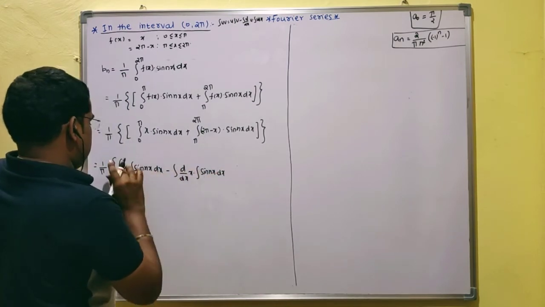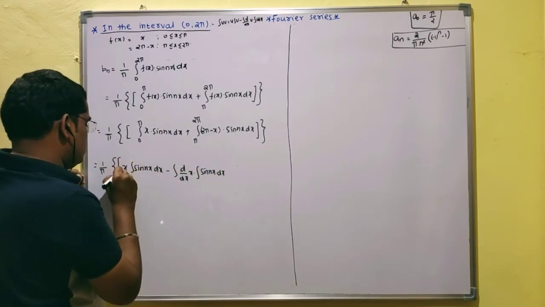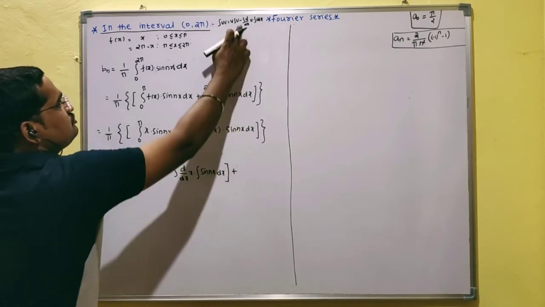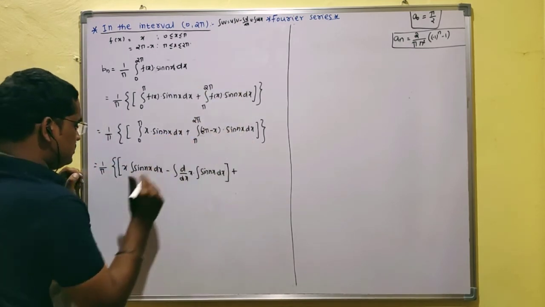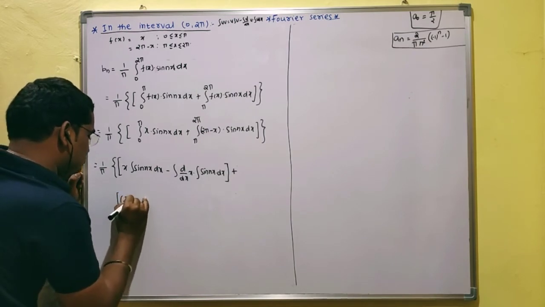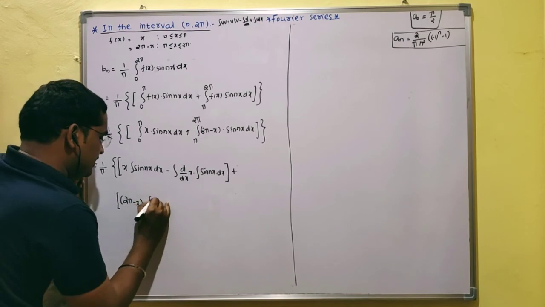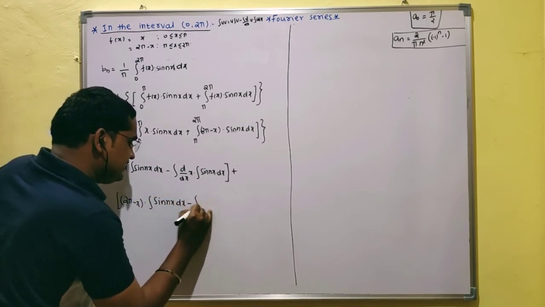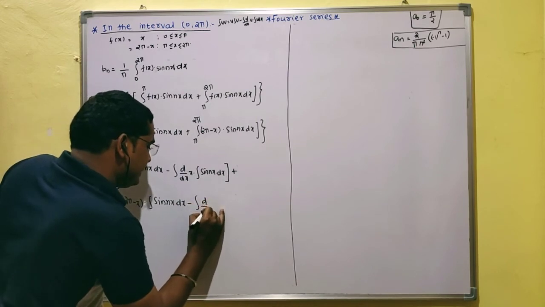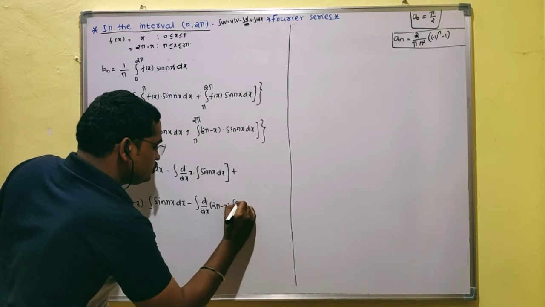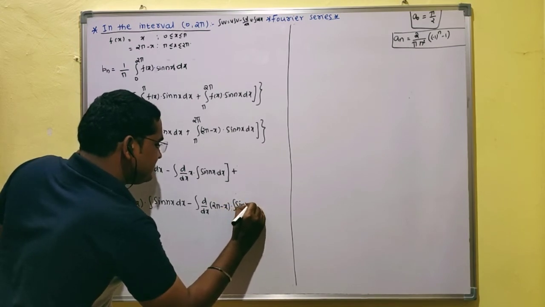Okay, it's completed. Plus applying this formula for finding this integration. Now for this, which is equal to first function as it is into integration of second into dx minus integration of d by dx of 2 pi minus x into integration of sin nx into dx.